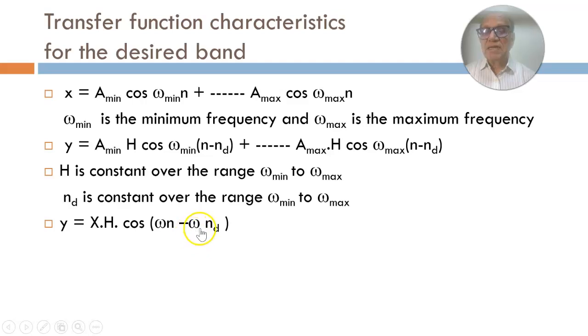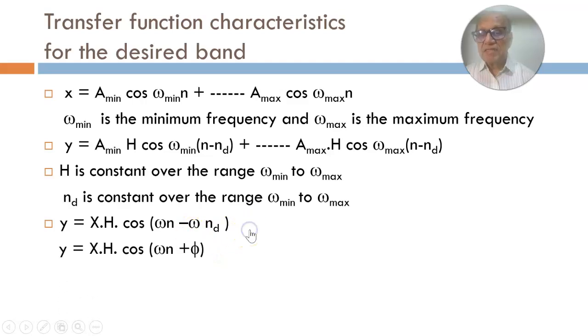But this is related to phase. So let's see if the equation I have written can correspond to any of these terms. I have written in general some amplitude x multiplied by h cos of, now if you expand this, omega n minus omega nd.